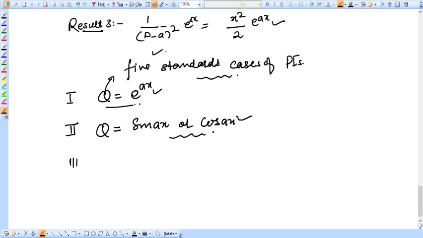And in the third case, we will see how to solve the equation when Q is equal to x power something.